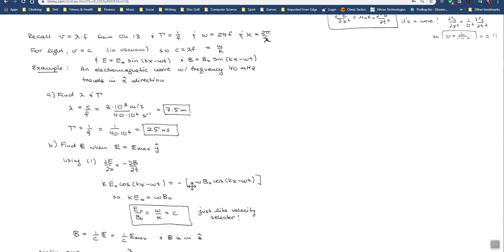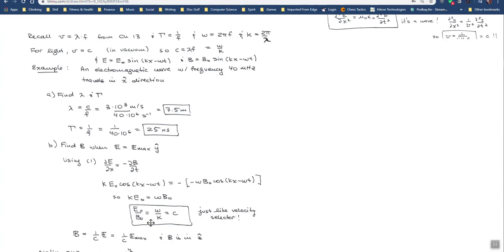So that gives me minus a minus, and I get kE equals omega B. So the ratio between the maximum amplitude of the electric field and magnetic field is omega over k. What's interesting is because the electric field is just E naught sine kx minus omega t, and B is the same thing, that means the electric field and the magnetic field are always related to each other by this ratio of omega over k.